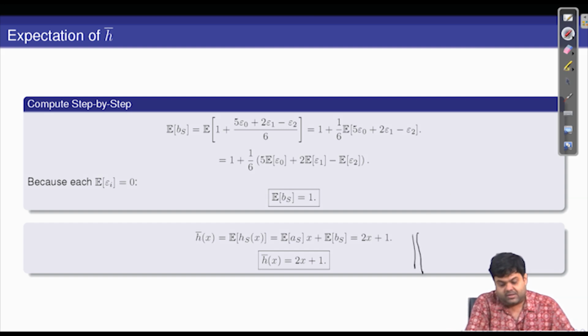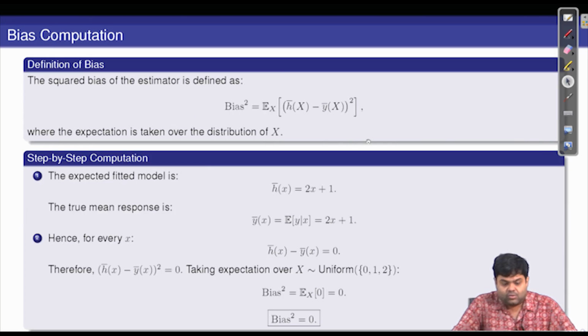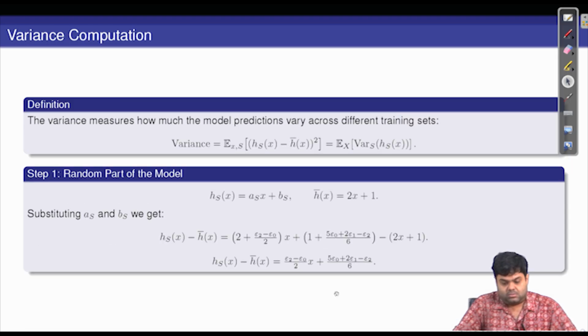Now if you want to do the bias computation, the expected value of this is 2x plus 1, and the expected value of y is 2x plus 1. When you take the difference, the bias becomes 0.